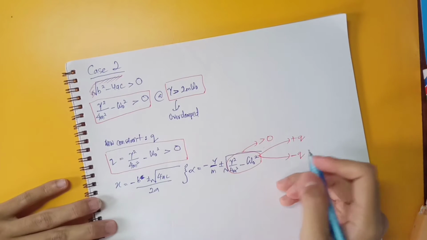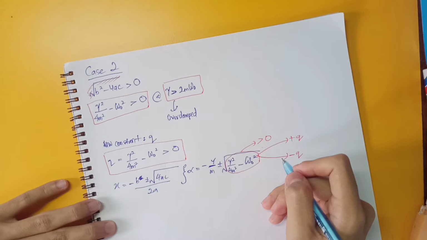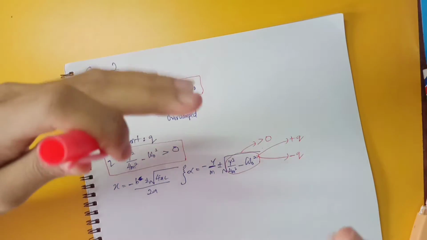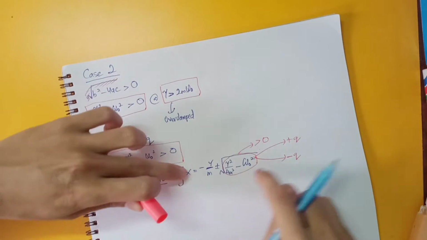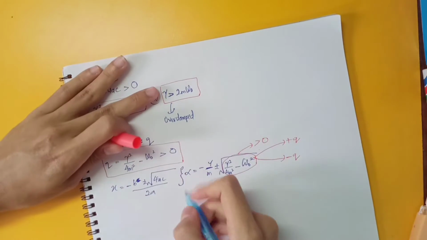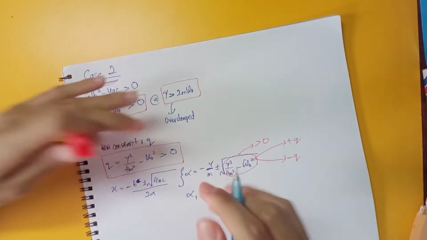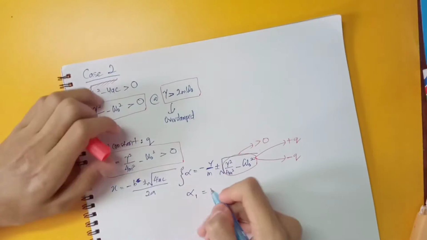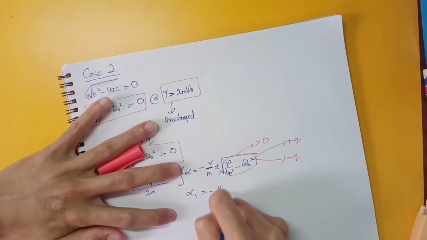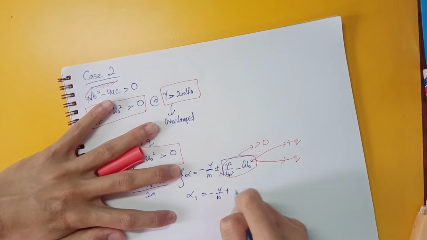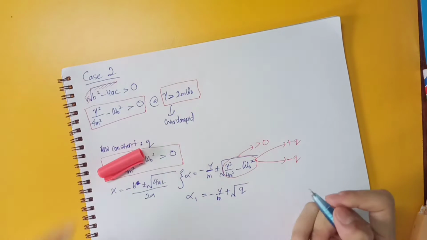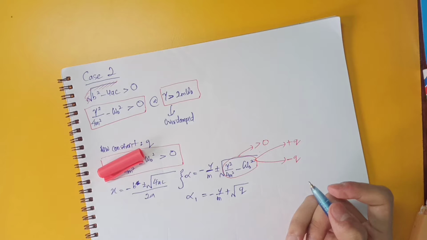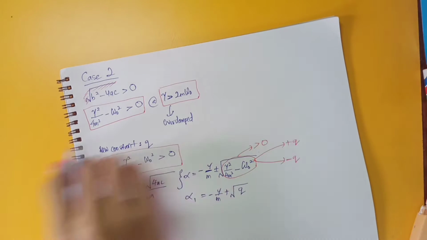Now from here, when we do the quadratic solution, there should be two answers, right? Because there are two quantities here, plus and minus. So we have alpha 1 and alpha 2, like x1, x2. Alpha 1 is equal to negative gamma over 2m plus the square root of q square. Actually, hold on, I made a mistake here, sorry.